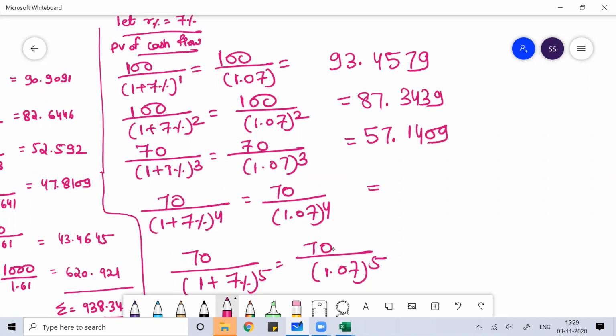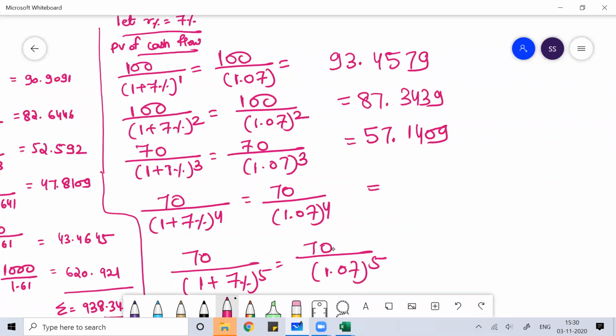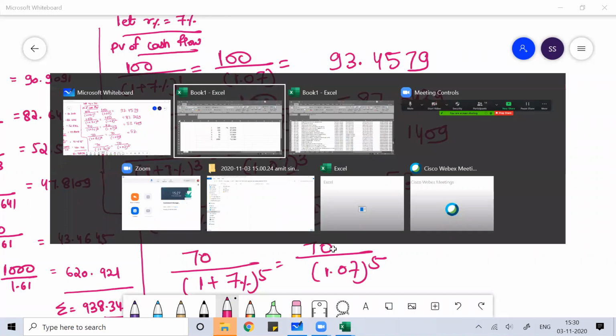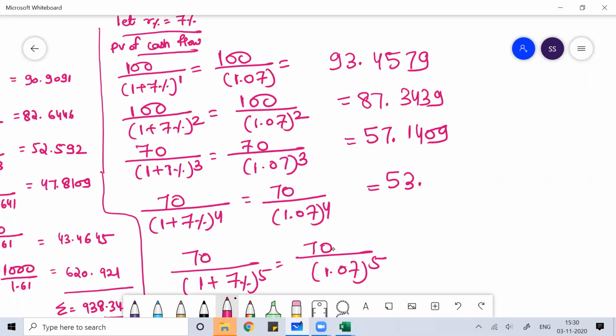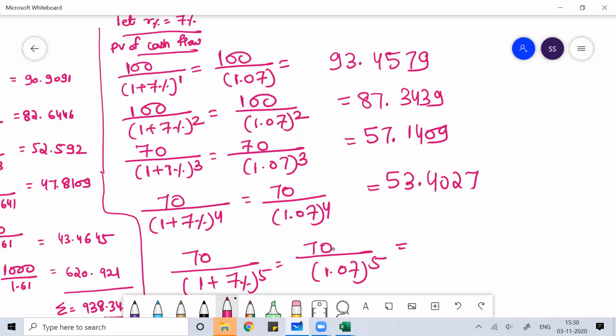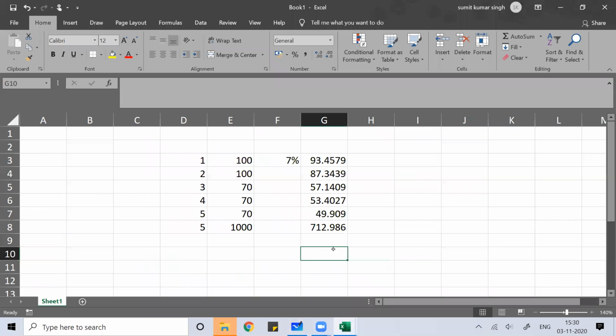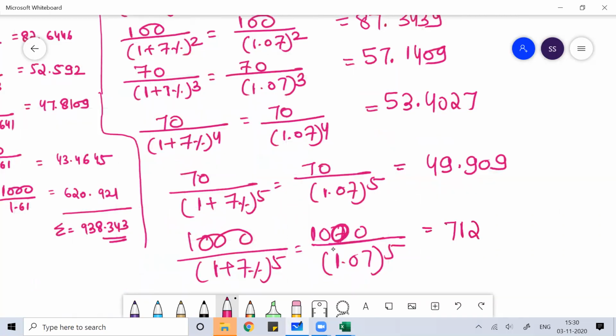For the fourth year, you got 53.4027. For the fifth year, you got 59.909. And then for the 1,000 rupees, you got 712.986. So do the sum of this.